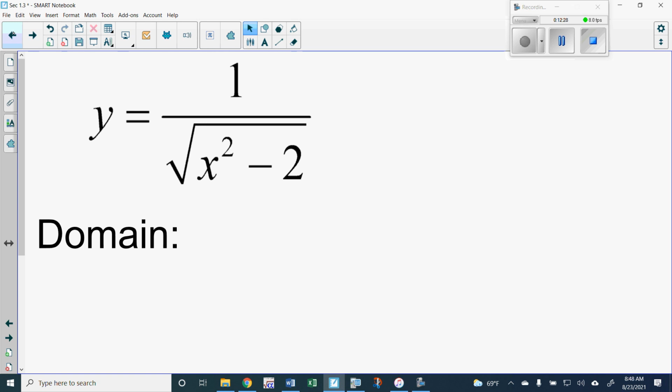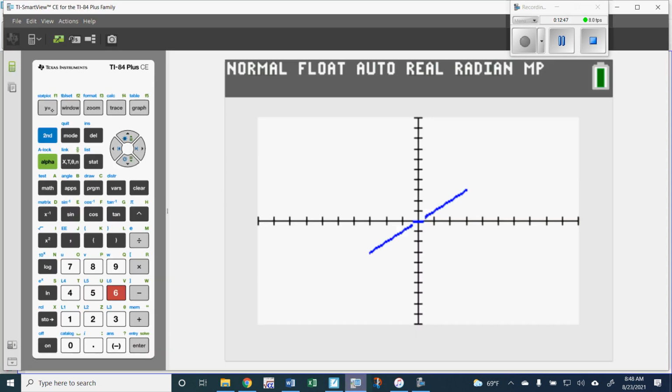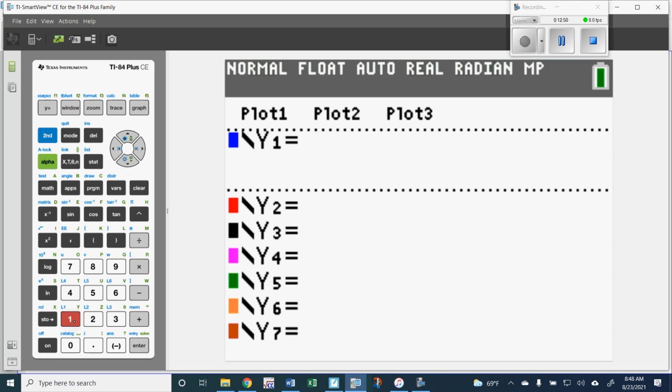Now, my question for you is, in looking at that graph, what's the domain and range? No solution. Does not exist. So you get that.